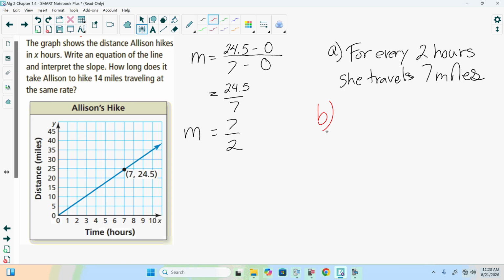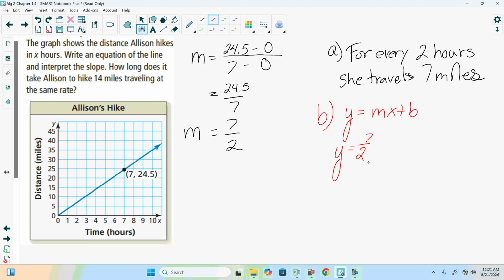Do we have the y-intercept for our equation of a line? I think we have the y value, don't we? The y value of the y-intercept is 0. So we can plug in the slope.